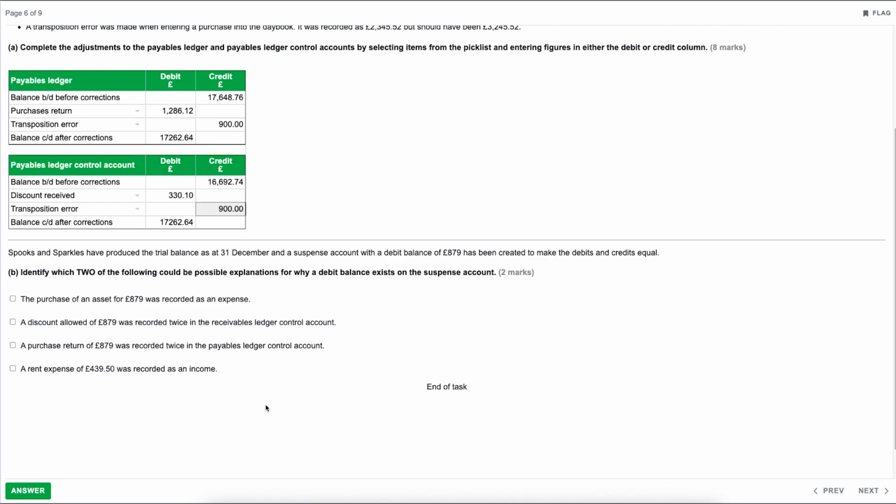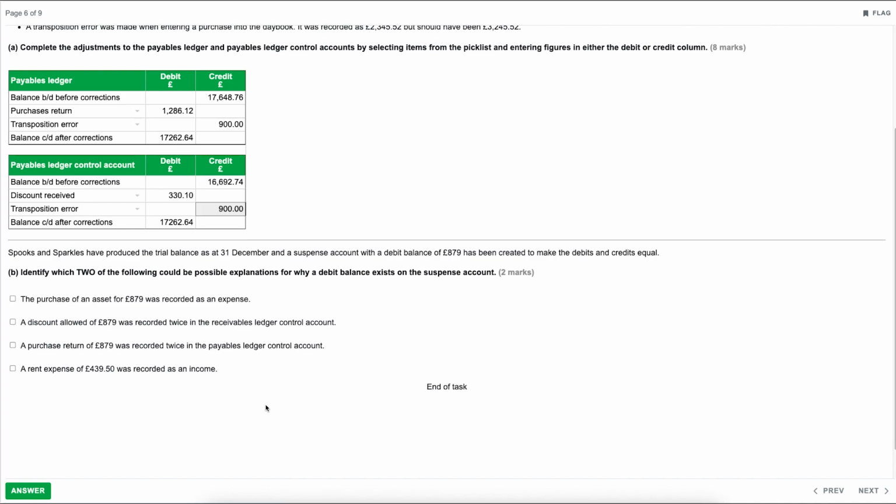So part B states identify which two of the following could be possible explanations for why a debit balance exists on the suspense account. So what we're looking for here is something that's either made our debits too low or our credits too high. And that will explain, or could possibly explain, why it's created this suspense account with a debit balance. So let's have a look at this first one.